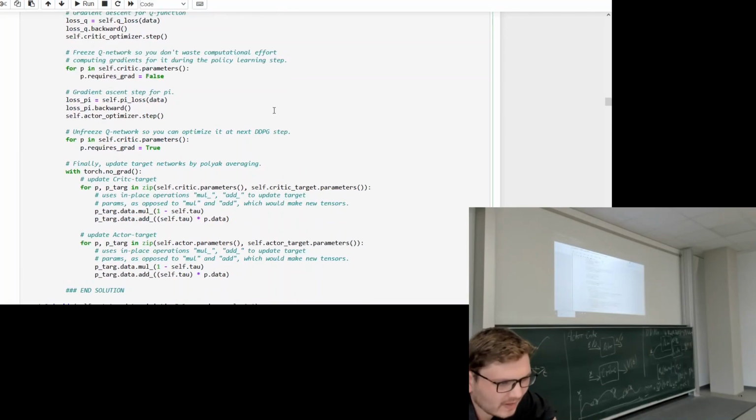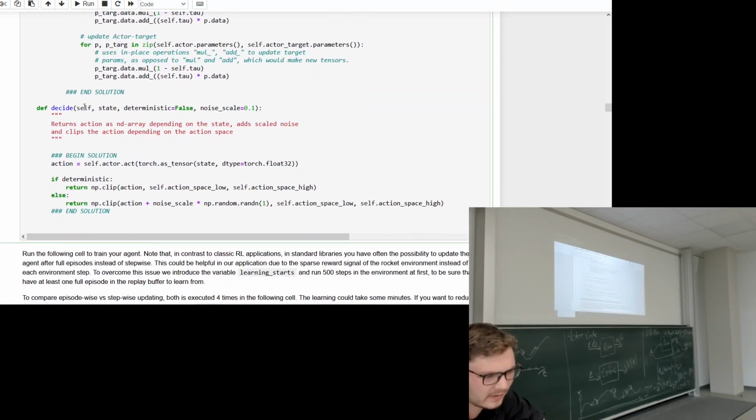So this was the hard part. This was the training. The training is what is actually complicated. Now let's come to the easy part, the decide function, where we just need to make a decision, which action will we take. And as I already told you, for that we do not need the critic. The critic is only used for making decisions about what is actually the best action to take.